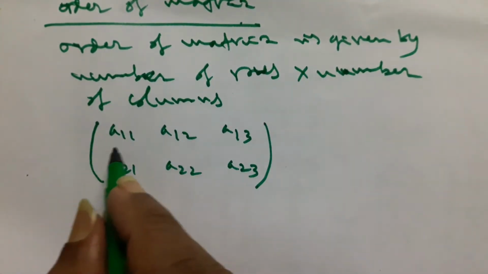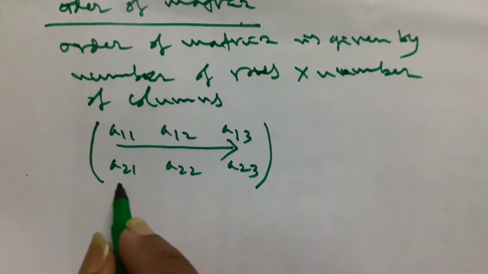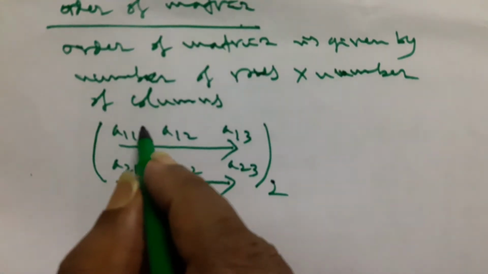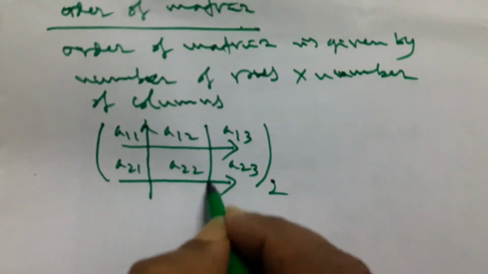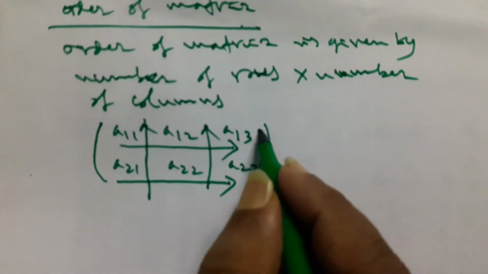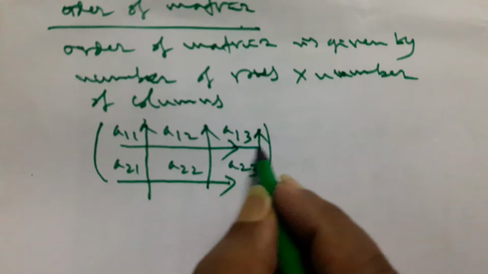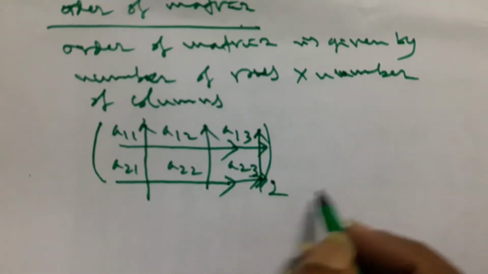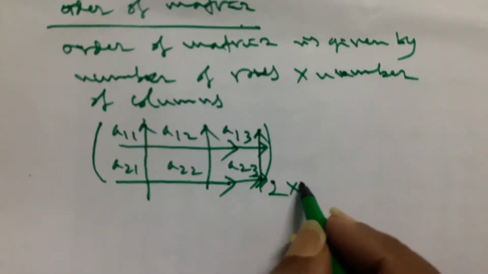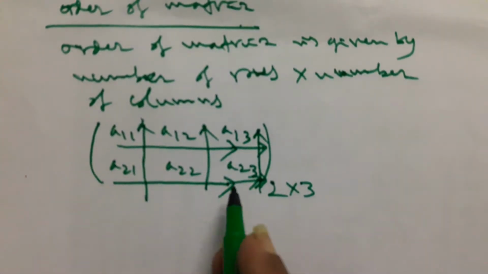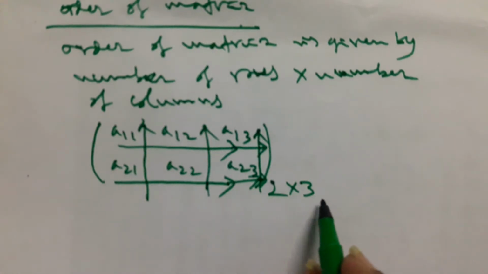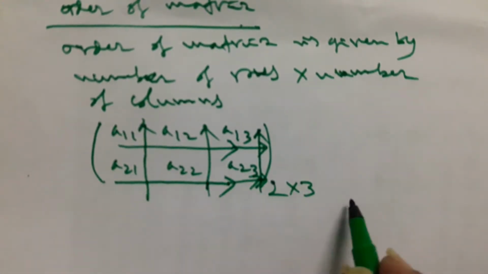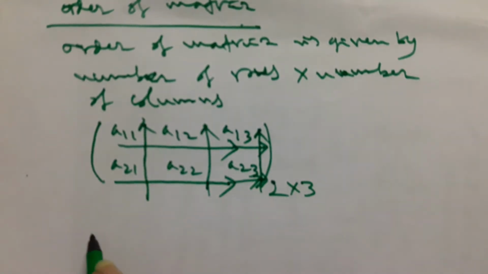This matrix has a number of rows, the horizontal lines, and here the number of columns. If we count, it will be of order 2 by 3: 2 rows in the horizontal direction and 3 columns in the vertical direction. So the order of the matrix is 2 by 3.